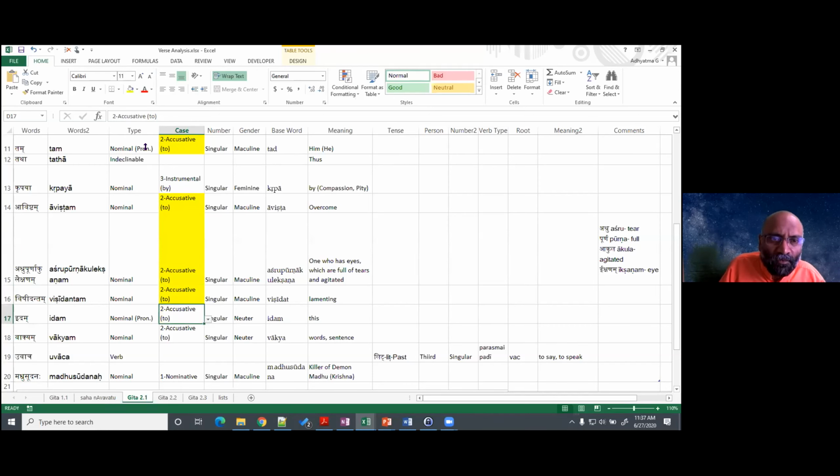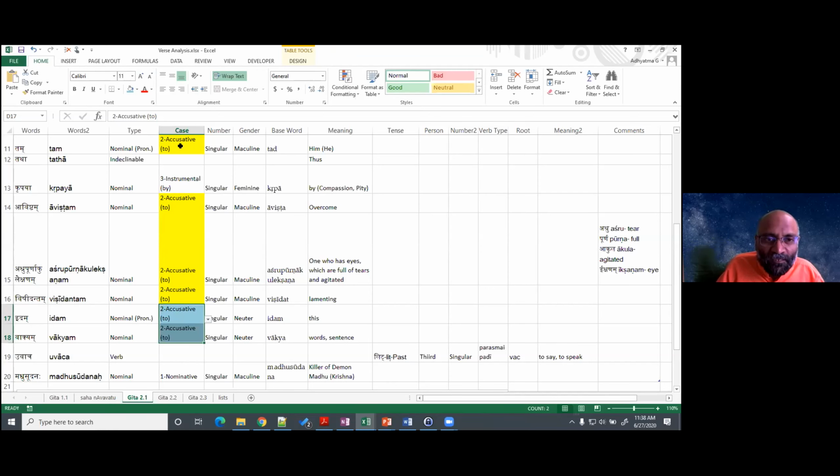And then the other accusative case, I'll mark it in yellow. So he spoke idam vakyam, this word, this sentence, or in English when we translate, we can say these words. He spoke these words. Which words, that will follow in the next verse.